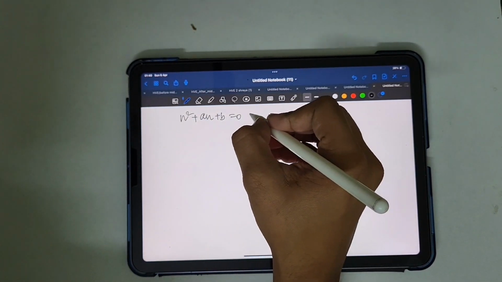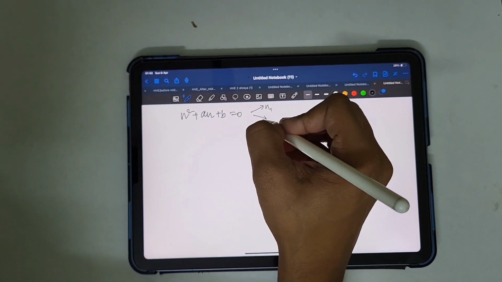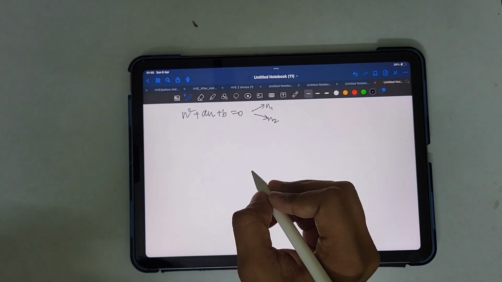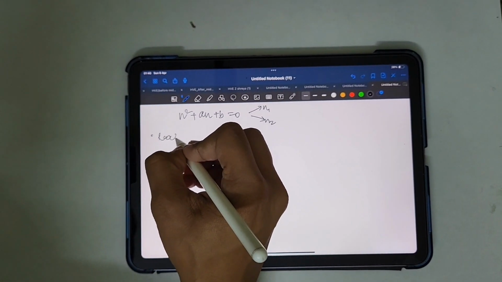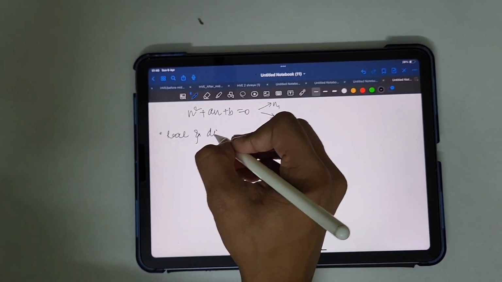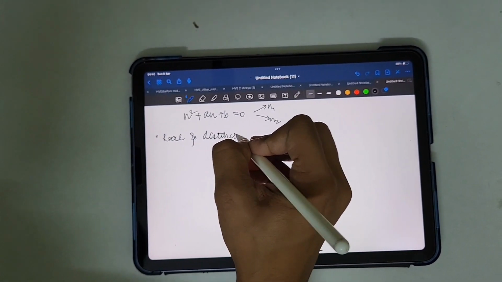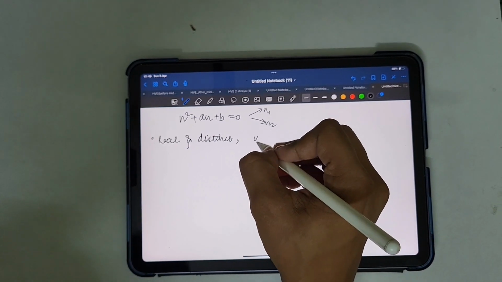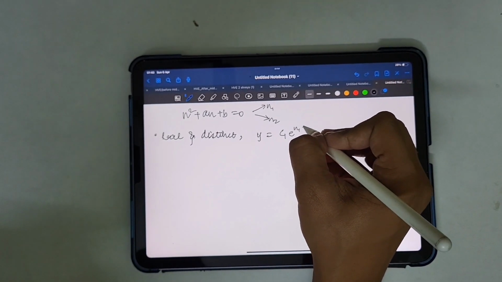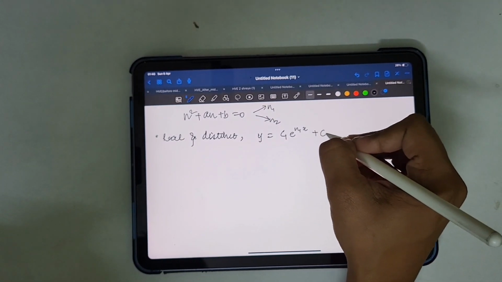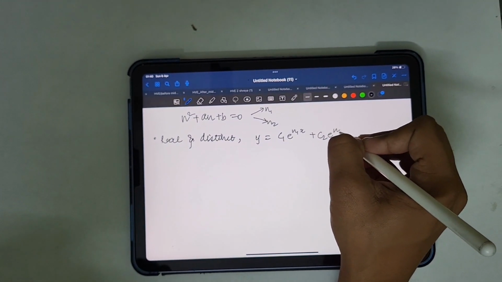Let the roots of this equation be n1 and n2. If real and distinct, we get y is equal to c1 e to the power n1z plus c2 e to the power n2z.